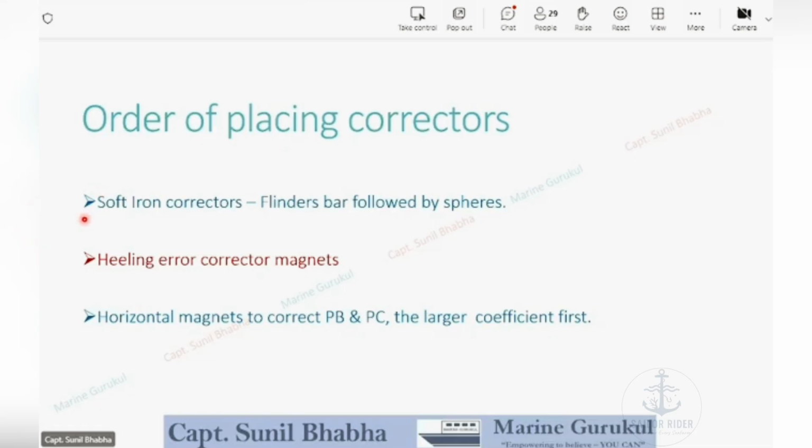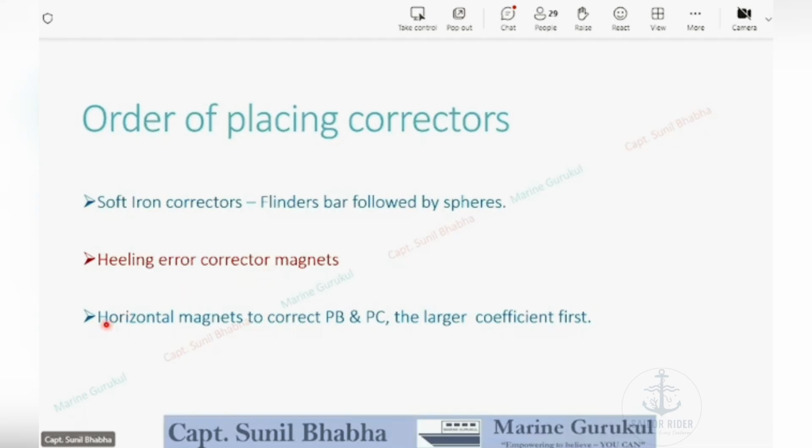This order is, first of all, the soft iron correctors are placed in the compass binnacle. And in these soft iron correctors also, we have the Flinders bar followed by the spheres. After placing the soft iron corrector, the next correction which is done is the heeling error correction. So permanent magnets are placed in the heeling error corrector bucket and the heeling error is corrected.